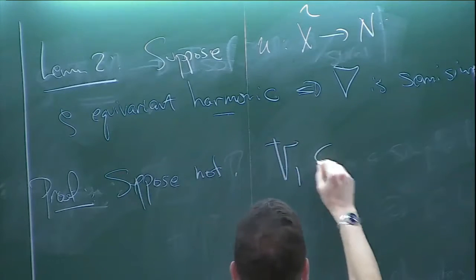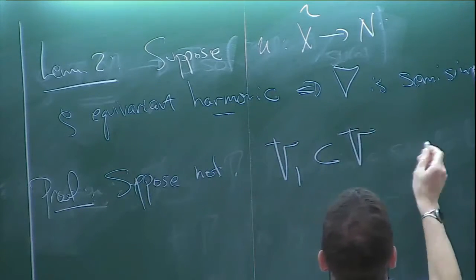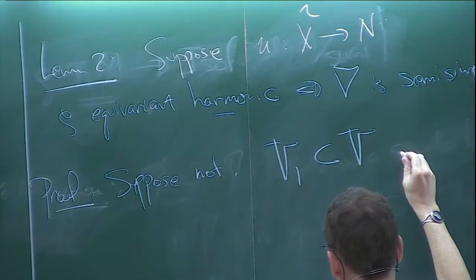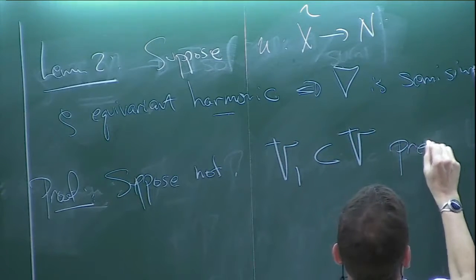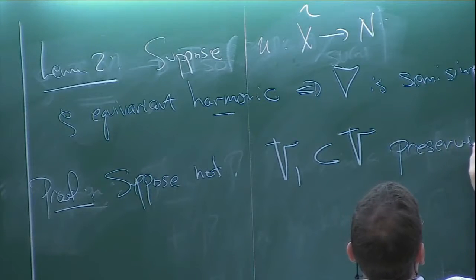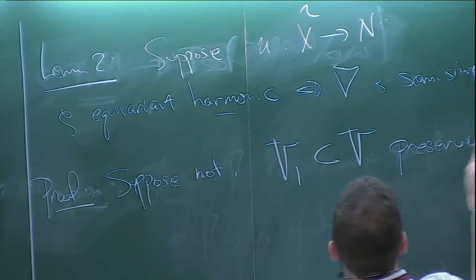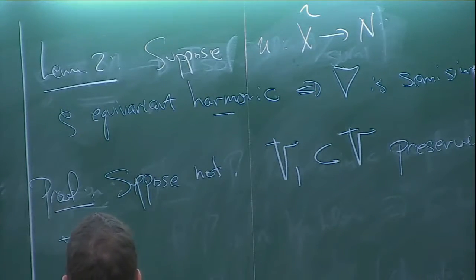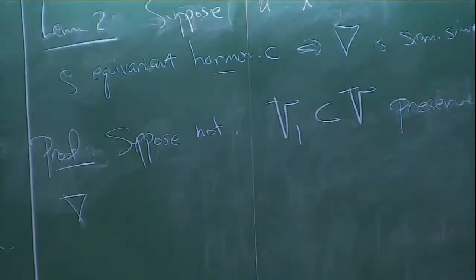So suppose that there's an invariant subspace of C^n preserved by nabla. Here I'm thinking of V as being, I guess I wrote it as E over here, the flat bundle with the flat connection.